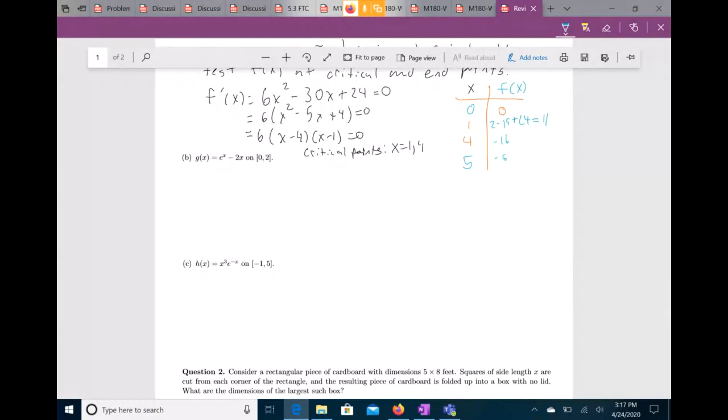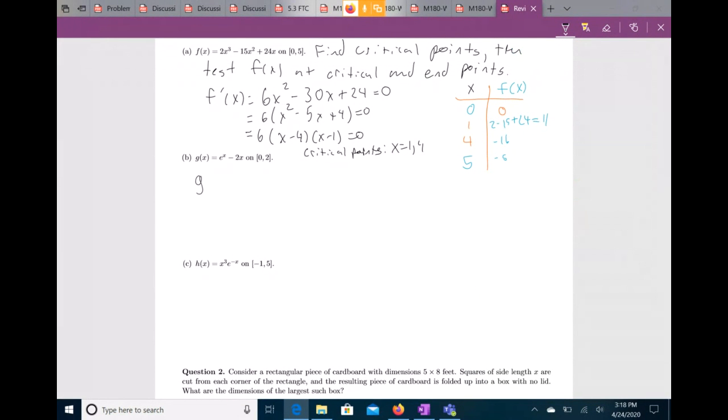Okay, so let's look at this. This one's actually not too bad, really. If we take the derivative of g, we get e to the x minus 2.